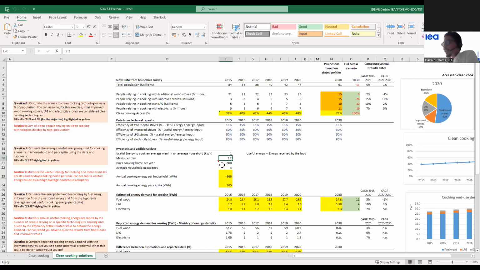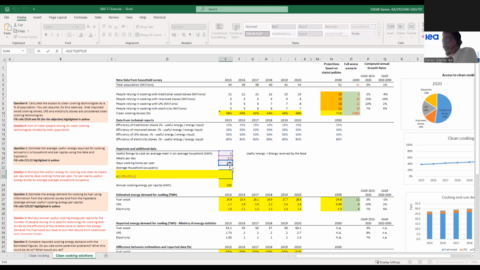And then we have another data point provided by the text, which is the average household occupancy, which is very important. So here we have 4. It means that on average in this country, there are 4 people in each household. So because we are asked first to calculate the annual cooking energy per household, this is really simple: you just multiply the useful energy by the meals per day, because at that point you have the energy per day, and then you multiply that by the number of days in which this household is cooking at home in the average year.